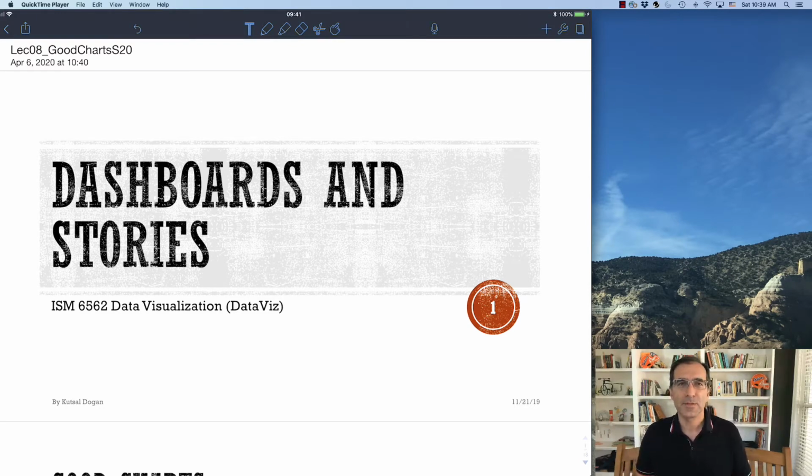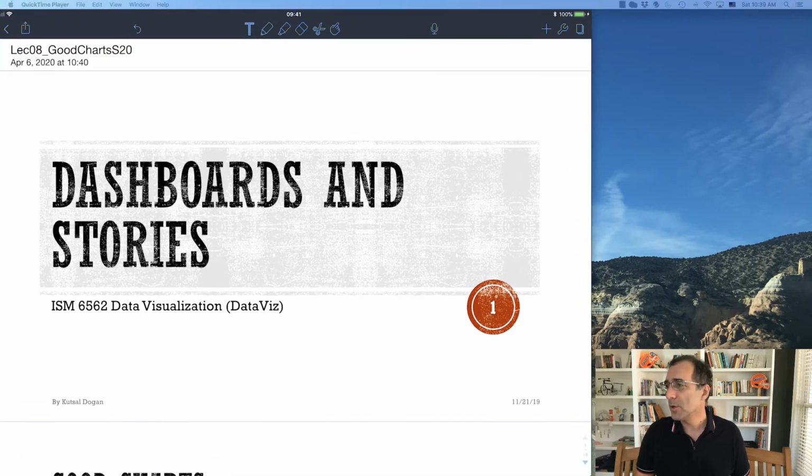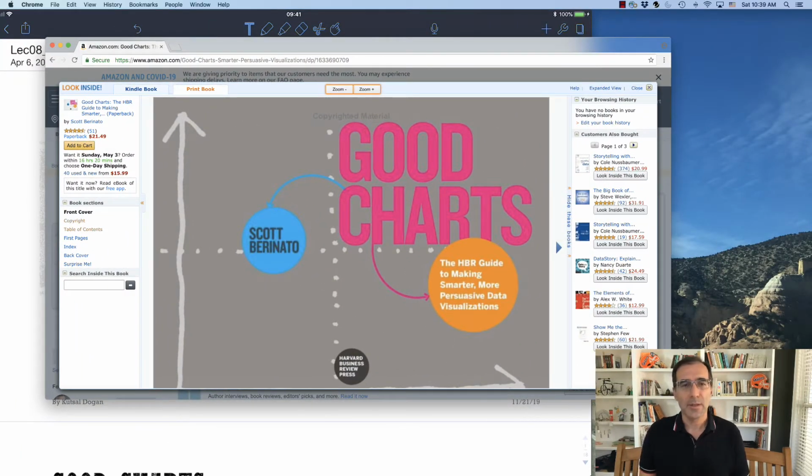And in this specific chapter, I'm going to talk about dashboard stories and how you can use good charts to tell stories. Now, most of the material in this chapter is based on a book by Scott Berinato. His book Good Charts was published, I think, in 2016, and it became one of the best sellers.